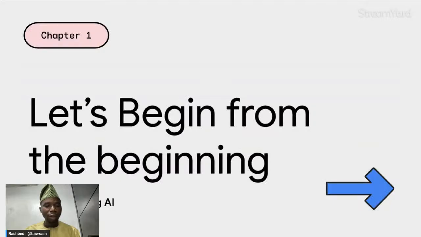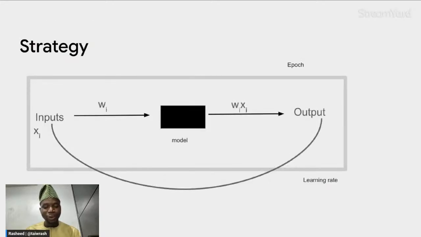Okay, so starting from the beginning, let's understand what AI is all about. When they say AI, what does it mean? Everybody knows that, but I decided to come with a mathematical model for us to understand how AI works behind the scenes.